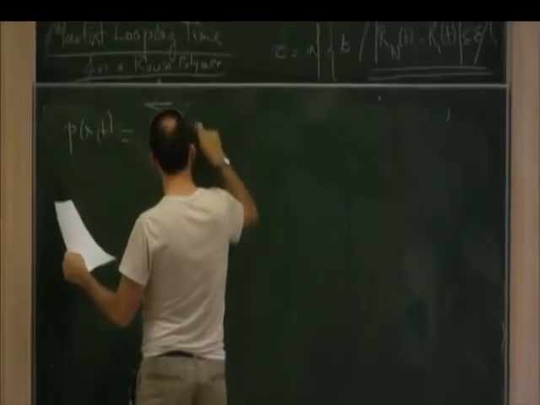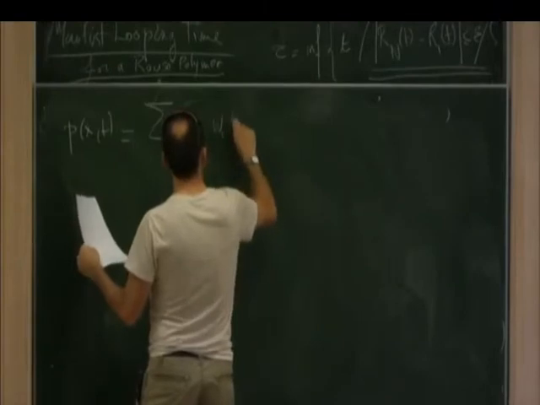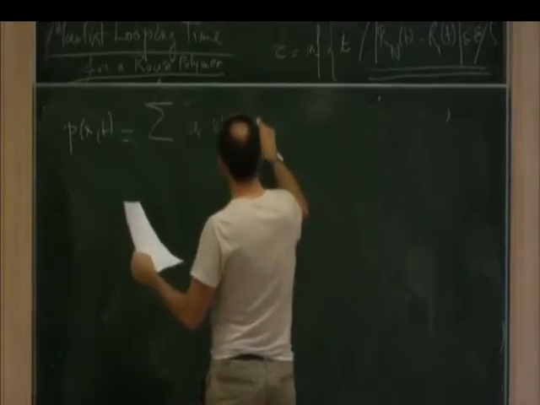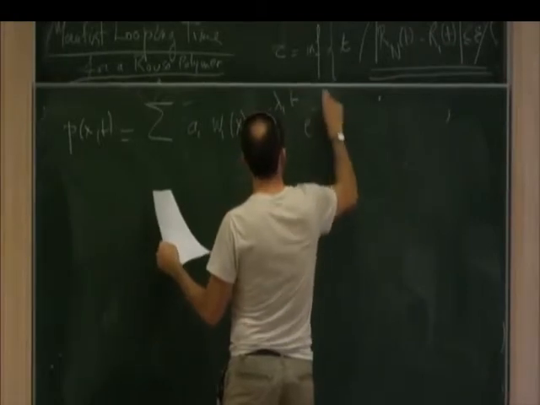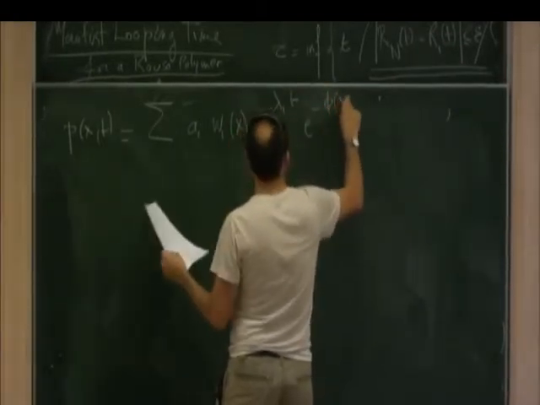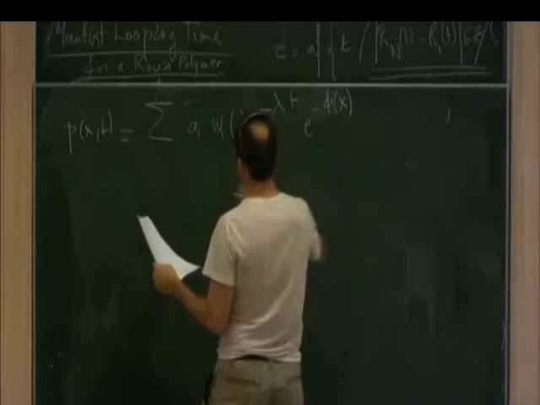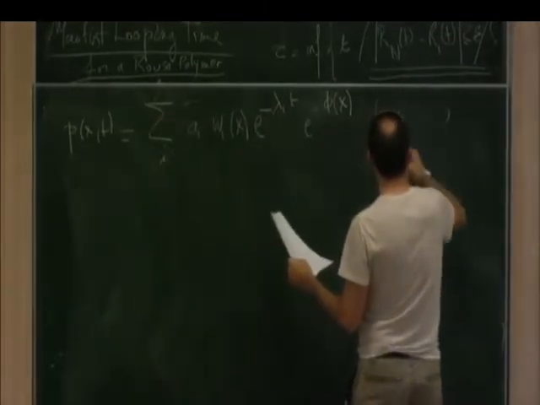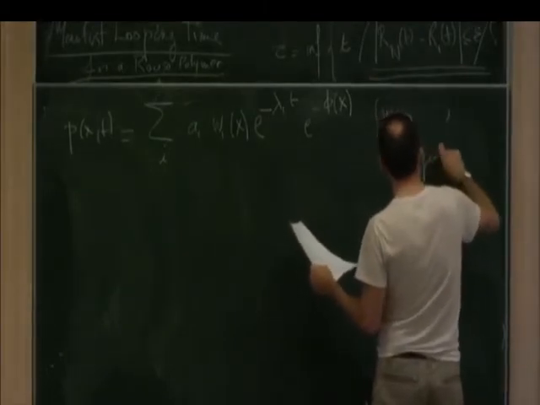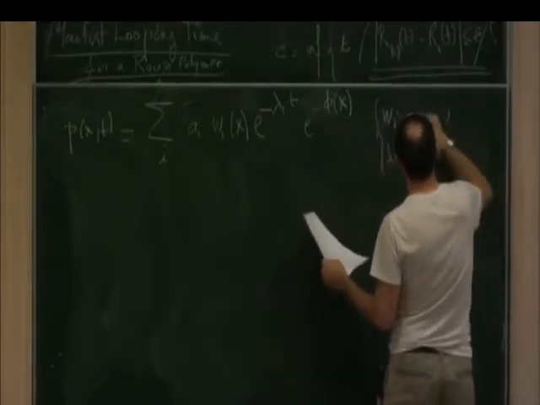So you have the sum of some coefficient, this is the eigenfunctions, exponential minus lambda_i t, exponential minus phi. Again, the diffusion coefficient here is equal to 1 to simplify. And you have to sum over i, so these are the eigenvalues and eigenfunctions.